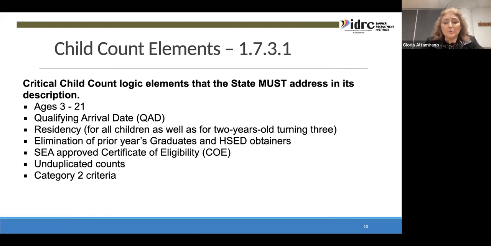Any of your SEA approved certificates of eligibility are included. These have to be unduplicated counts, and that's what is under Category 2 criteria. So you take Category 1 and then you identify any of the students that were actually in your Category 1 count and just have those students who are actually served in your summer program.